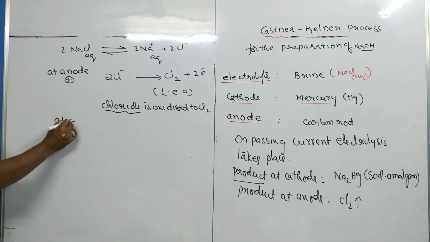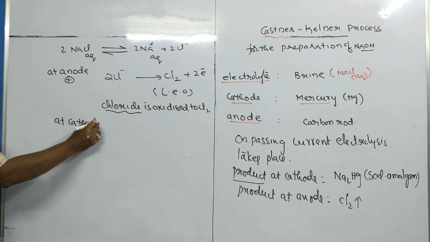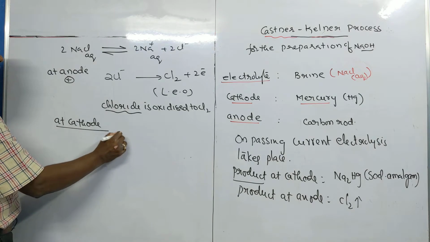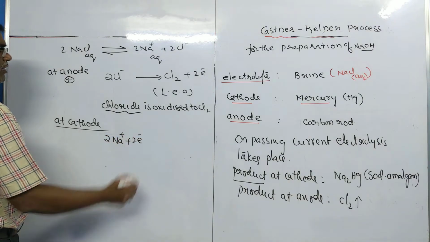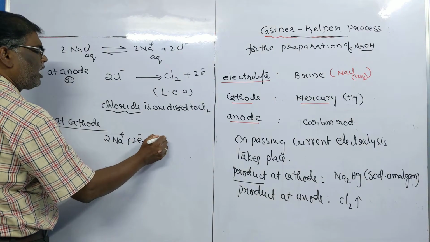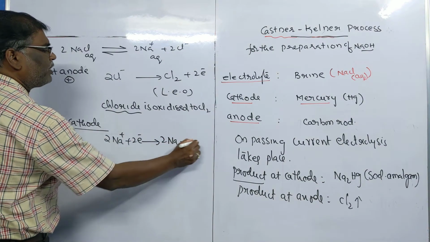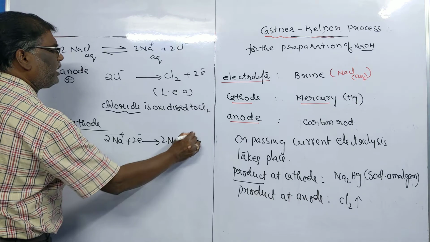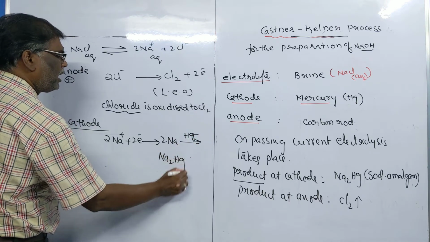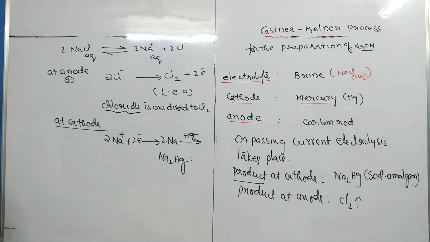What happens at the cathode? At the cathode, sodium ions gain electrons to form sodium metal, which combines with mercury to form sodium amalgam.